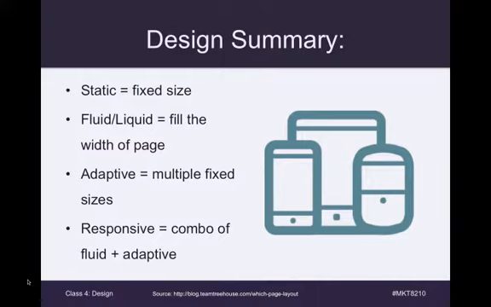With adaptive, what you're going to see is the changes are going to be really sudden, because in the code, what the code is saying is when a screen is X size, show X. When a screen is Y size, show Y. So that's why it might be the same, and then suddenly it changes because you've got to that point. And that point is specifically called a break point in the design.